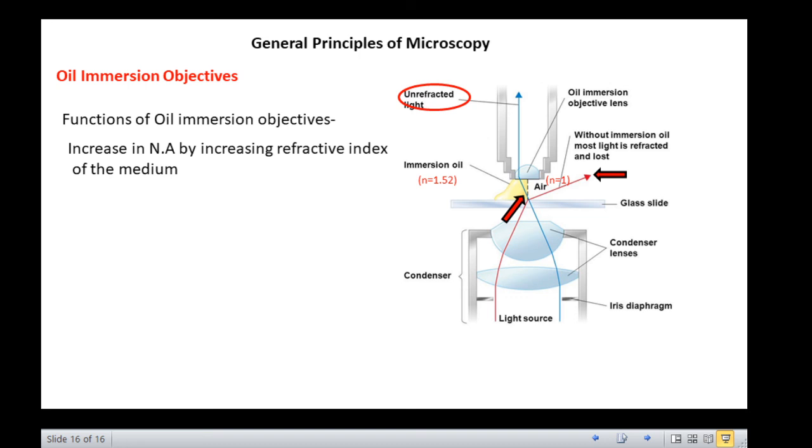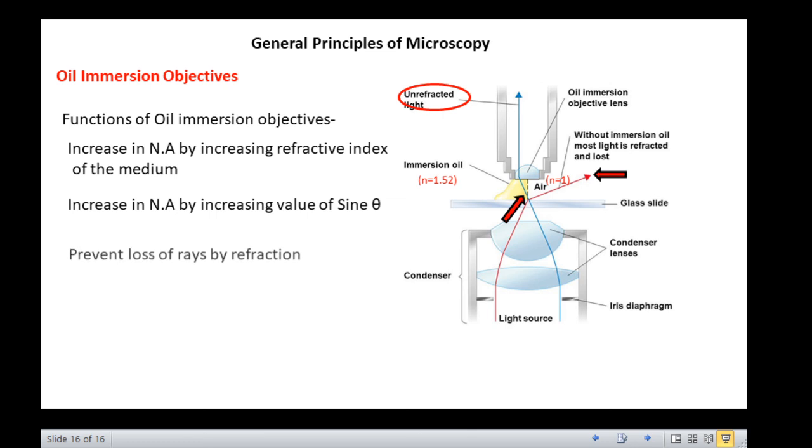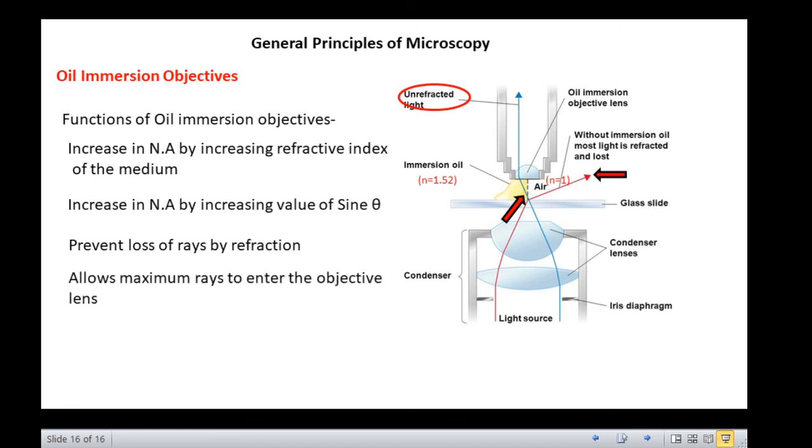Further, oil immersion objectives increase the numerical aperture by increasing the value of sin theta. Remember, numerical aperture is equal to n sin theta. The oil immersion objectives prevent loss of rays by refraction. Hence, they allow maximum rays to enter the objective lens and thus achieve a magnification of 1000x.